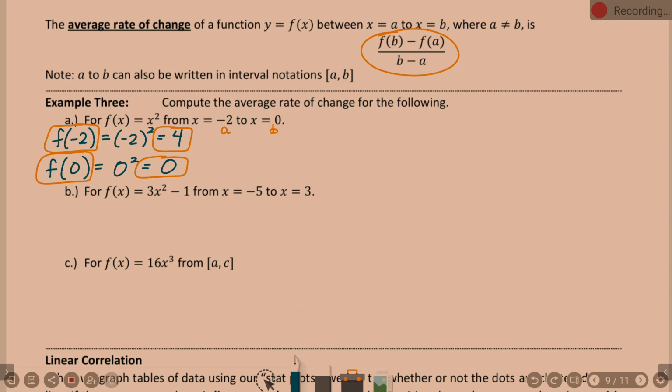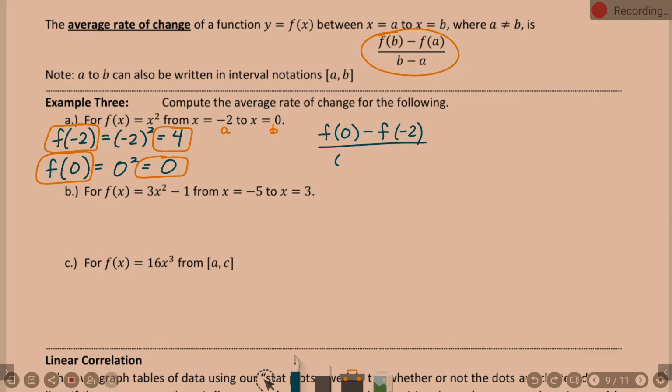Okay, fill in your formula, folks. In other words, if I'm doing f of b minus f of a, in this scenario, that means I'm doing f of, what was b? Officially, it's f of 0 minus f of -2. That's f of b minus f of a over b minus a.